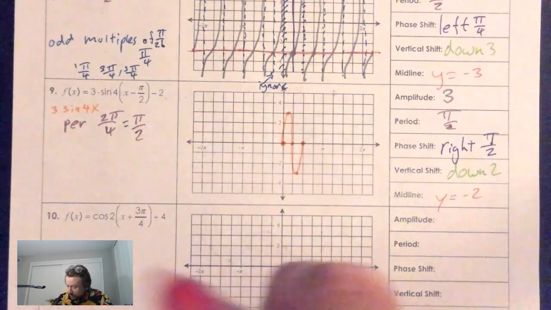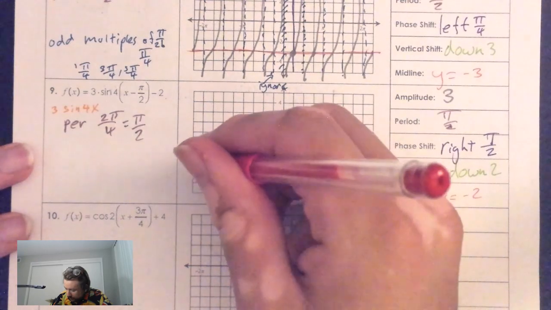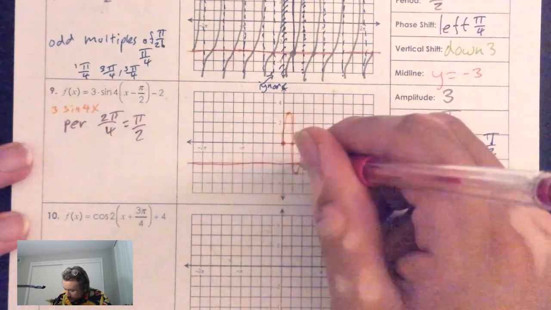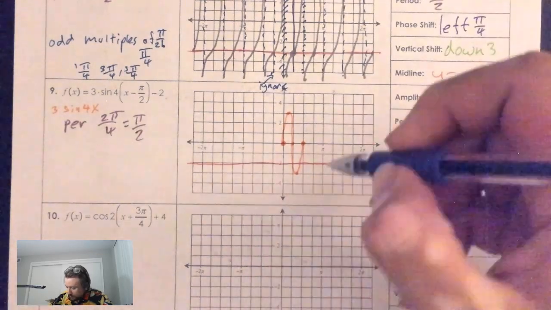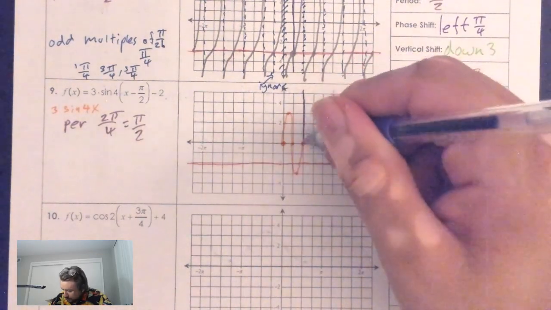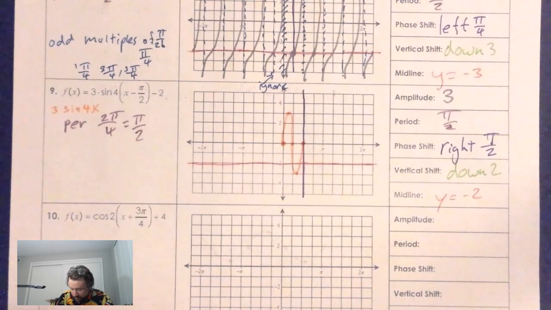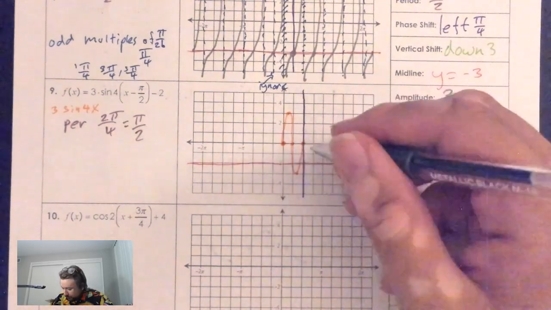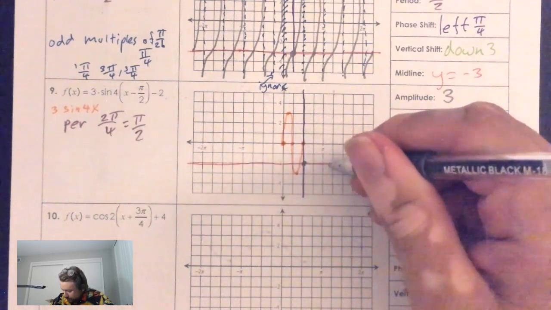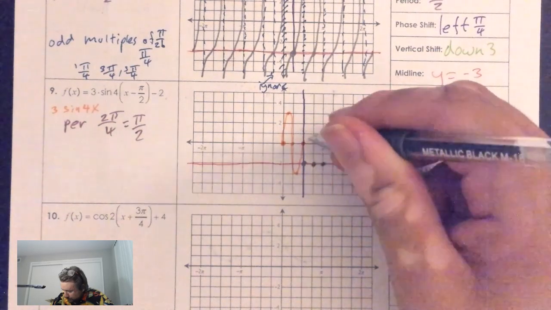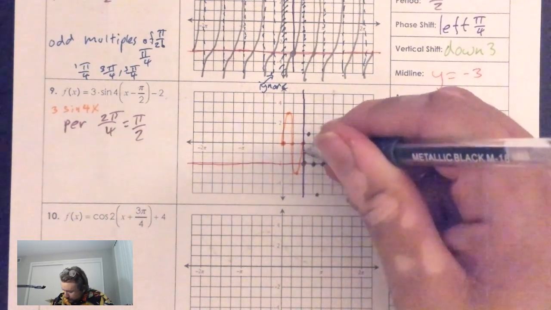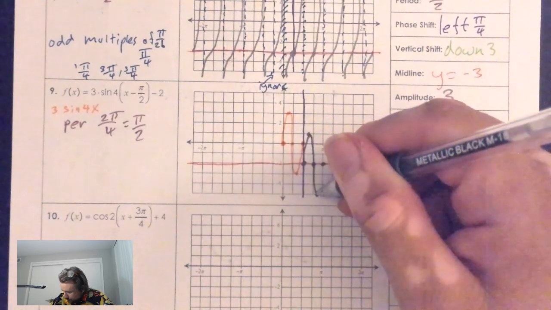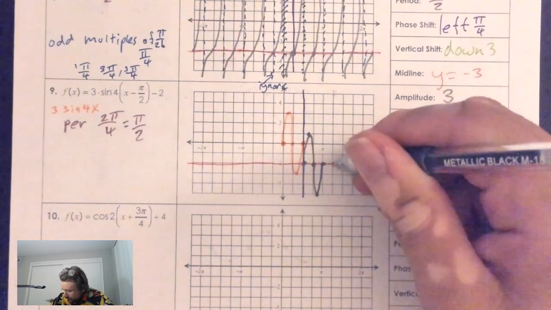Okay, now let's draw our midline at y equals negative 2. And our phase shift, which is right by pi over 2. And so we just need to draw this same graph transformed. And you just keep going.